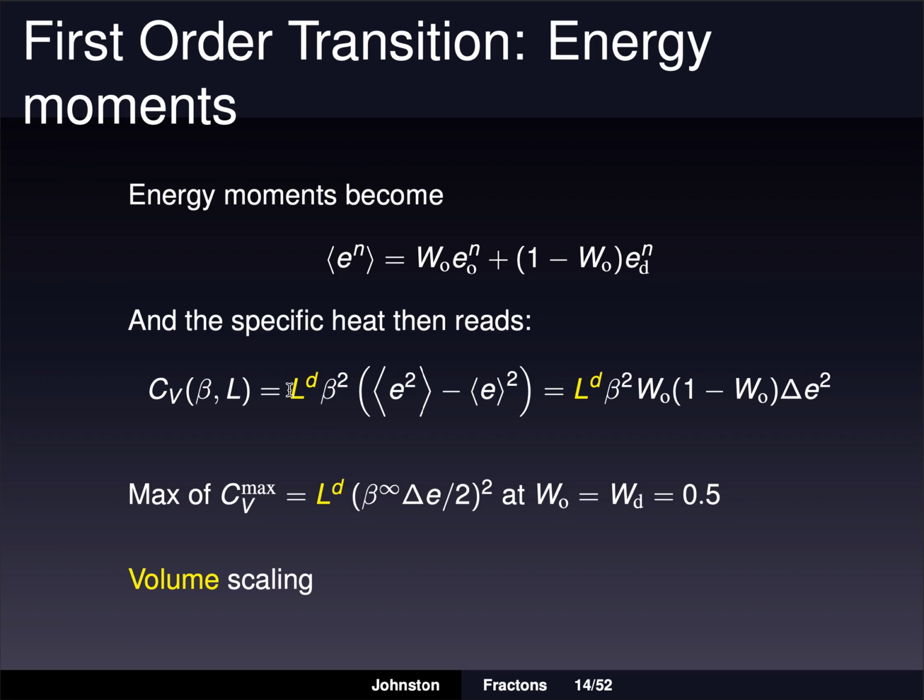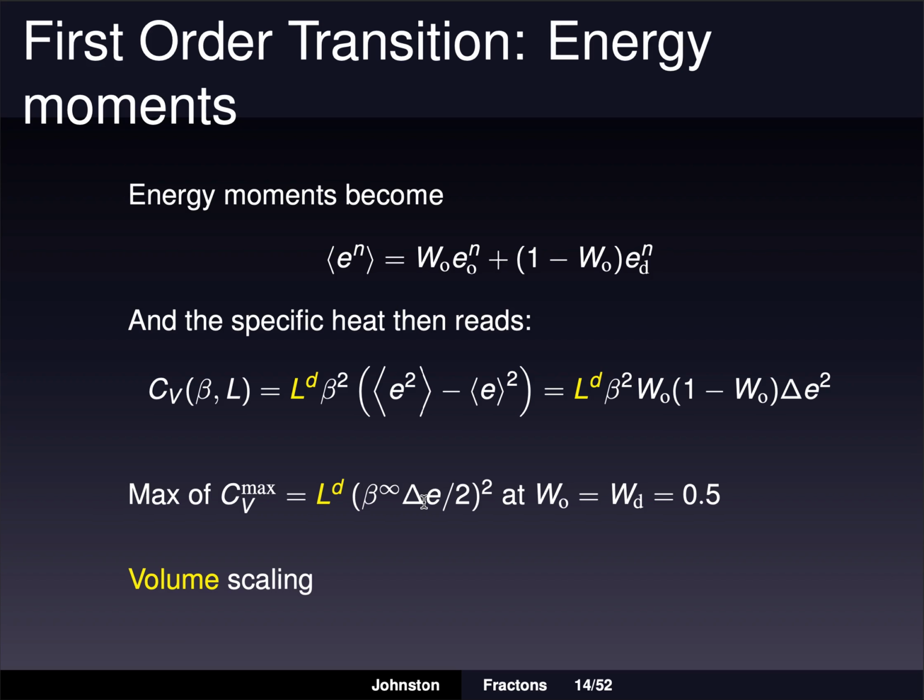And then to get the total specific heat, I need to include the volume of the lattice, L to the D. So the maximum of this specific heat function in this simple approximation to a first order phase transition will be the maximum of this fraction, WO times 1 minus WO, which obviously occurs whenever WO equals WD equals a half. So that means that the maximum of the specific heat is given by this value.